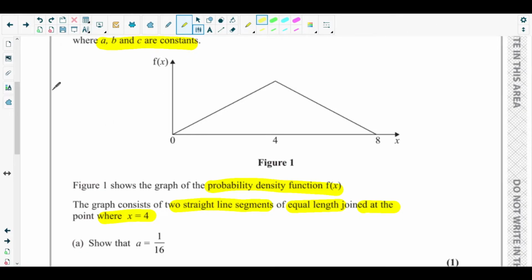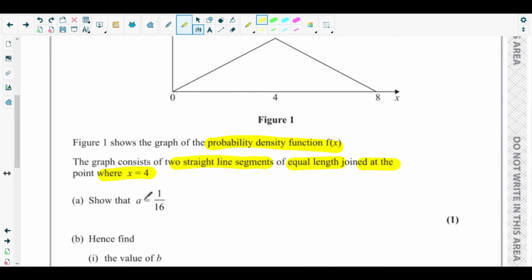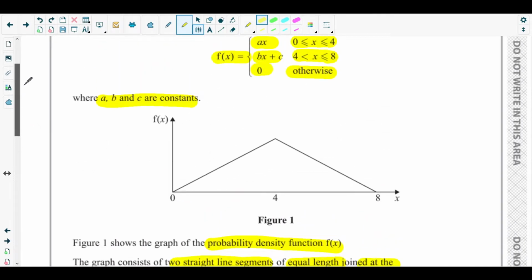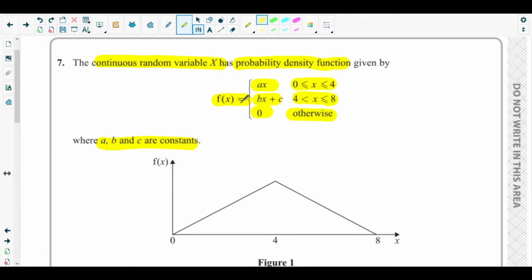Part A is asking to show that a equals 1 over 16. What is a here? A is basically the coefficient of x in the PDF for x greater than or equal to 0, less than or equal to 4.